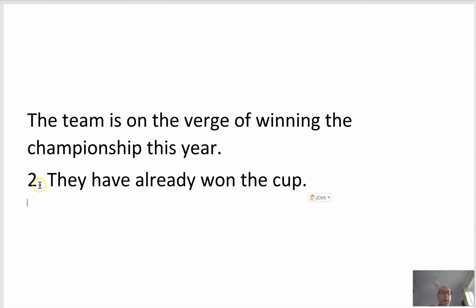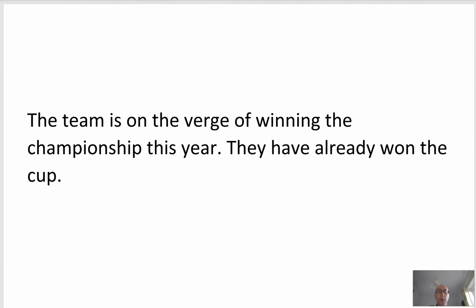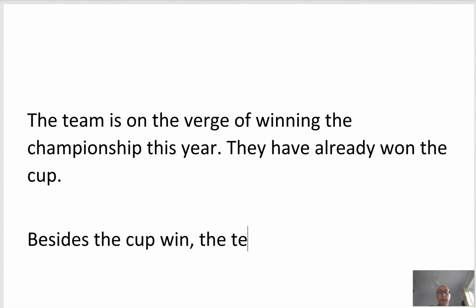So let's try and make one sentence. We kept two sentences, now let's make one. The team is on the verge of winning the championship this year. They have already won the cup. We could turn it around. Besides the cup win, the team is also on the verge of winning the championship.